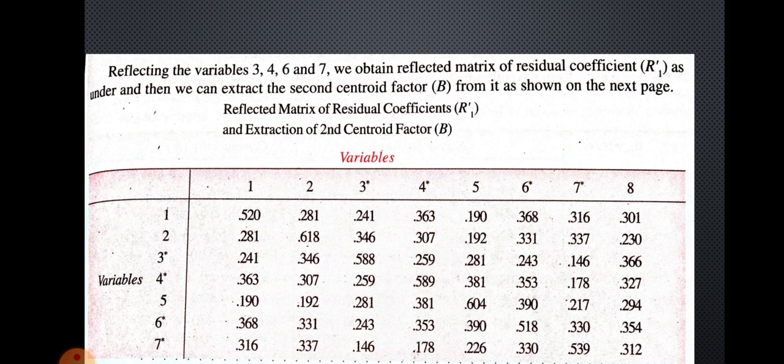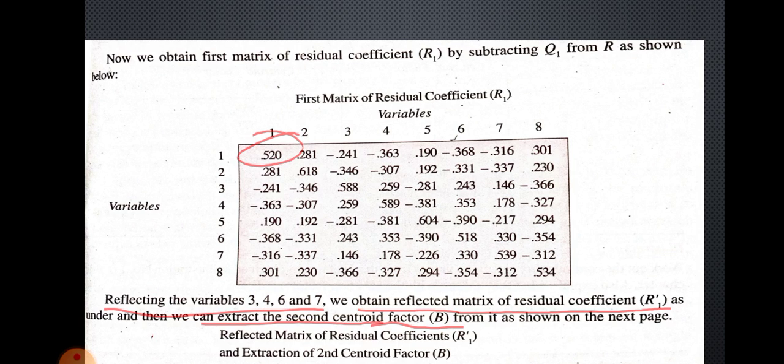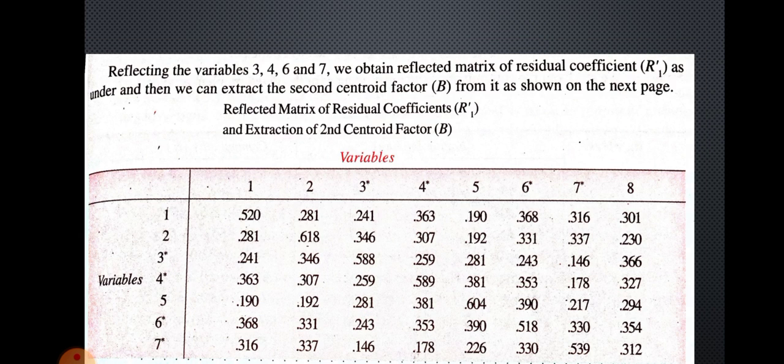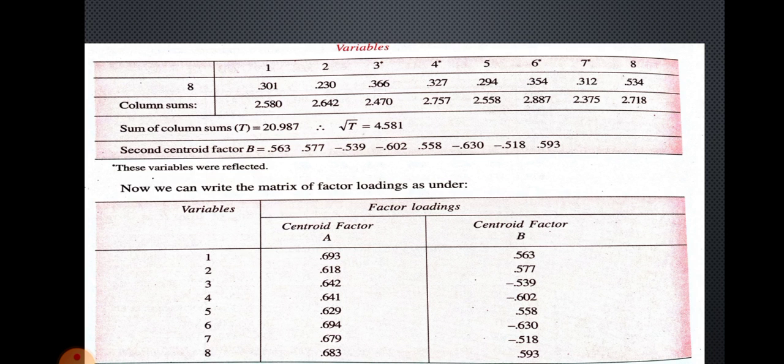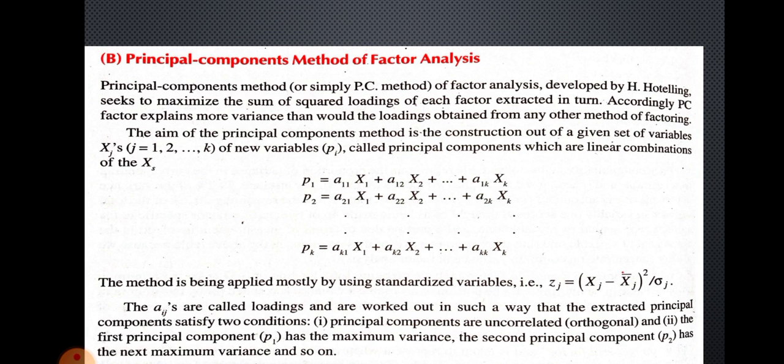Okay, so here you have to understand how to extract a second centroid factor, what the reflected matrix of residual coefficients is, and, more important, how we have got these results. So this is all about the centroid method for factor analysis.